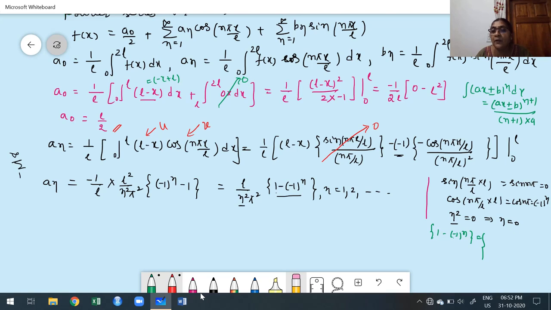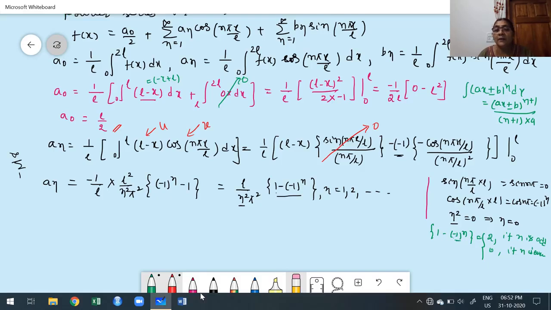Put n equal to 3, we get minus, minus into minus is plus 1. If n is odd, the value is 2. Suppose n is even, minus 1 whole square becomes plus 1, and 1 minus 1 is 0. For even cases, if you put n equal to 4, minus 1 to the power of 4 is 1, and 1 minus 1 is 0.